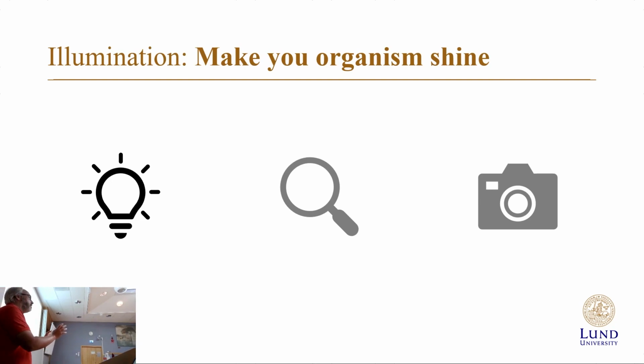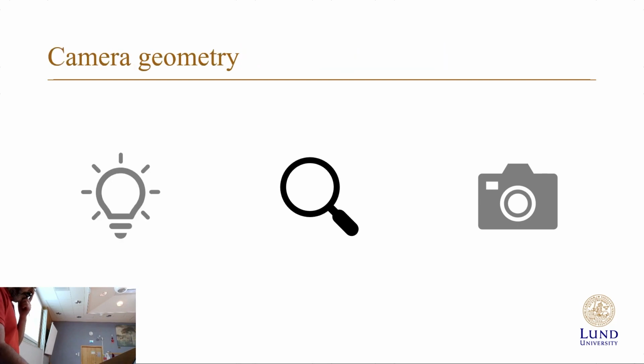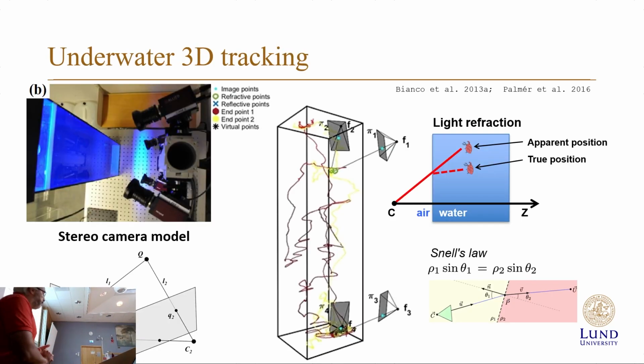But there are other ways that you can do it. I will show another one at the end of the talk. Next one is the camera geometry. I showed you the results of the setup. I haven't shown the setup itself. It is composed of 4 cameras. And since we are tracking the Daphnia in 3D, we are using the stereo camera model.